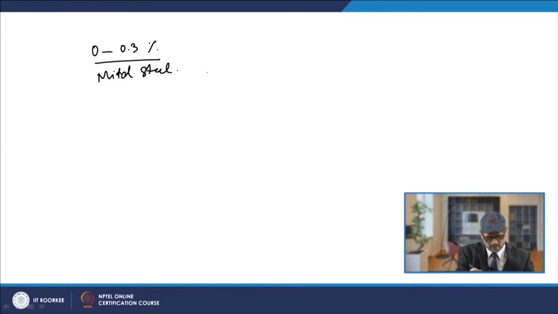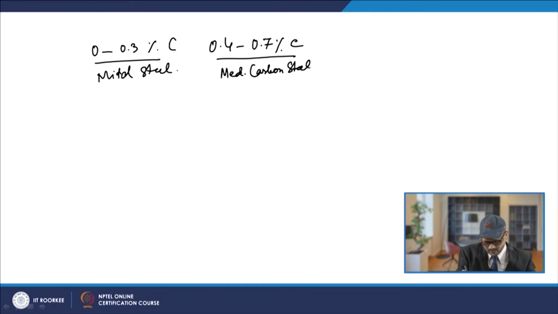Then if it is going from 0.4 to 0.7% of carbon, that is known as medium carbon steel, and it will have better hardness than the low carbon steel or mild steel, and its use will be normally in axles, or you can have wheel rails.